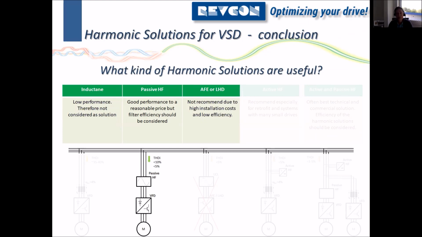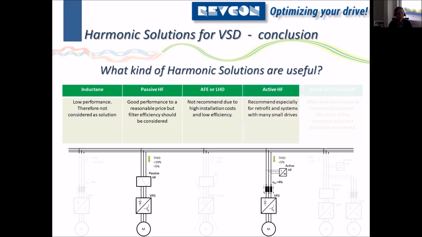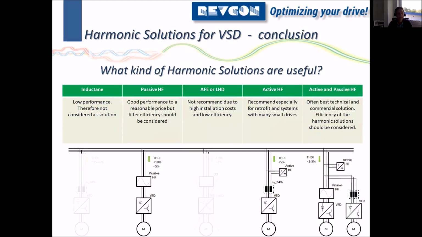You don't need active front end technology or low harmonic drives. And we have the active harmonic filter, and we have active and passive harmonic filter working together to get the best out of two technologies. Later on, I will show you one example of how you can have some really interesting savings by using these two technologies together.